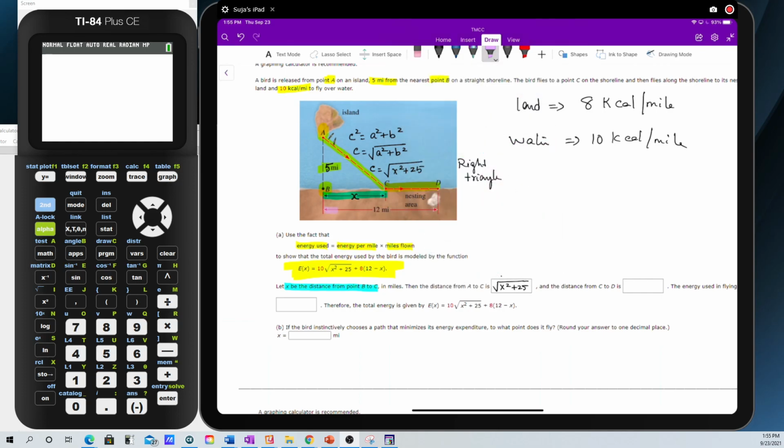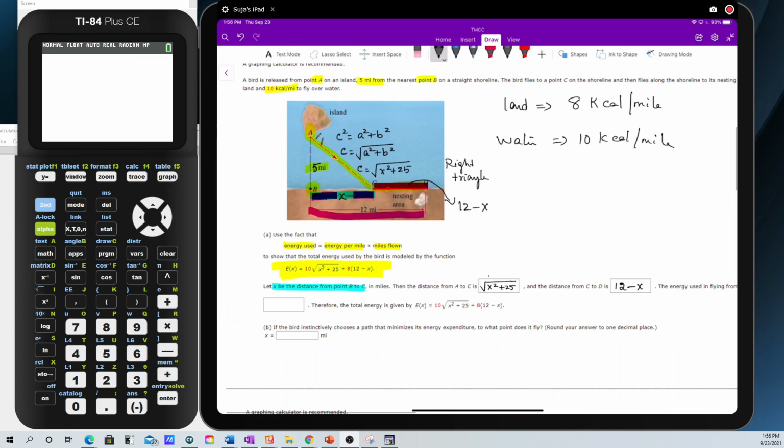So this is given to me as 12. Now I know this length is x, right? Therefore this length can be written as 12 minus x. And that's what this should be, 12 minus x, okay? And the distance from C to D is 12 minus x.